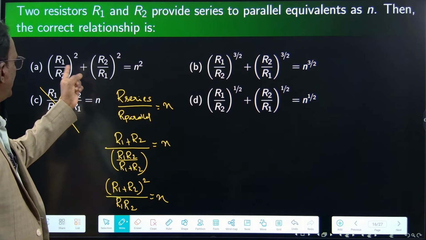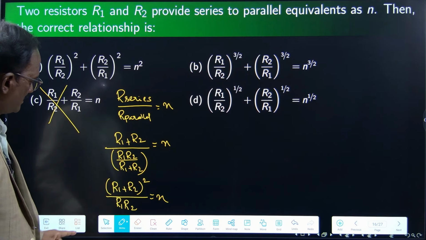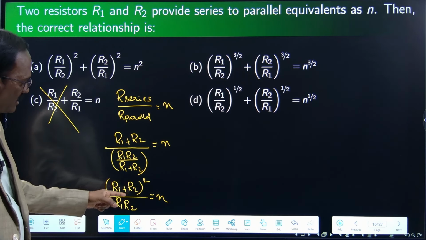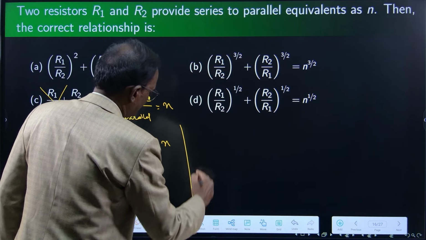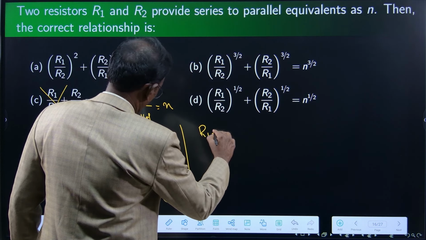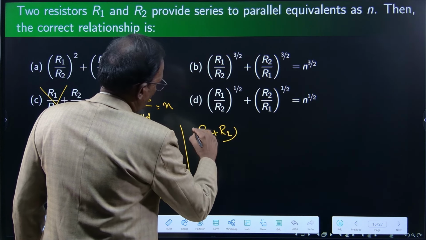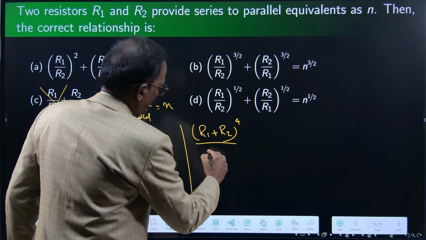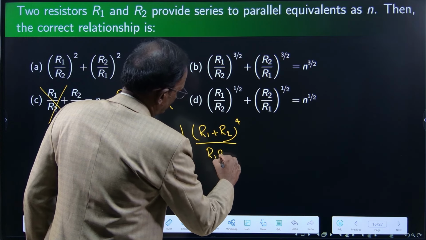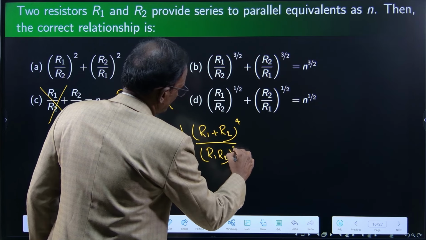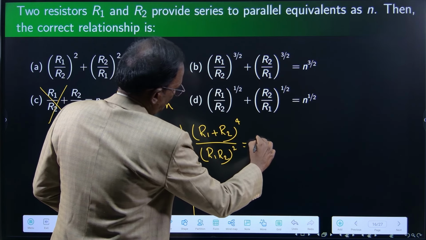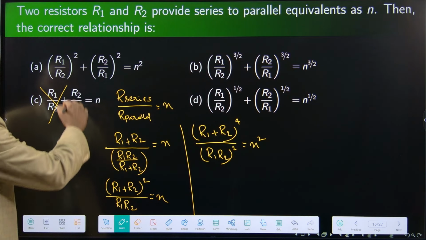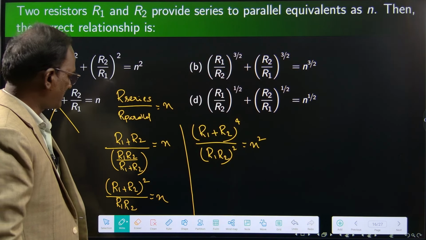We will check whether A is correct. If I square both sides, this will be R1 plus R2 power 4 divided by R1 R2 square, which is equal to N square. Then N square is also not correct. Option A is also not correct.